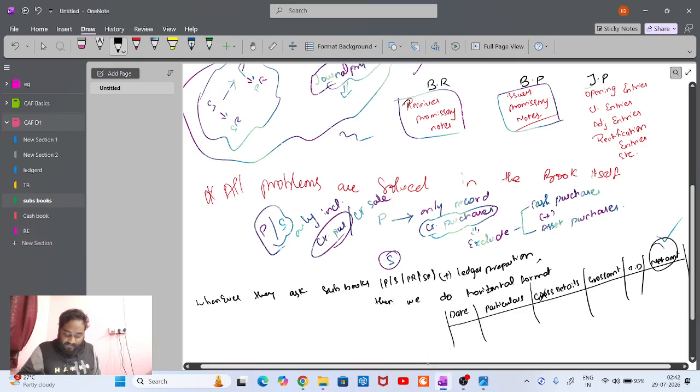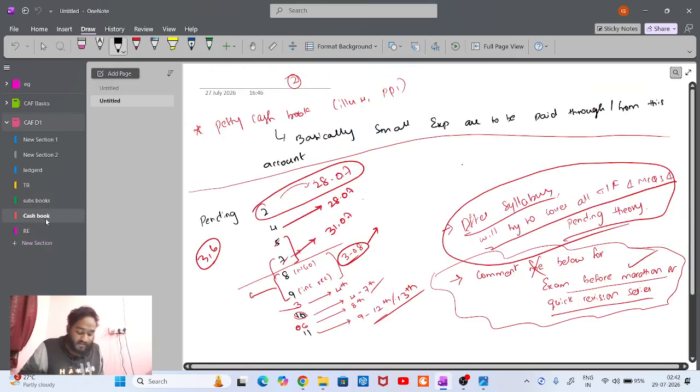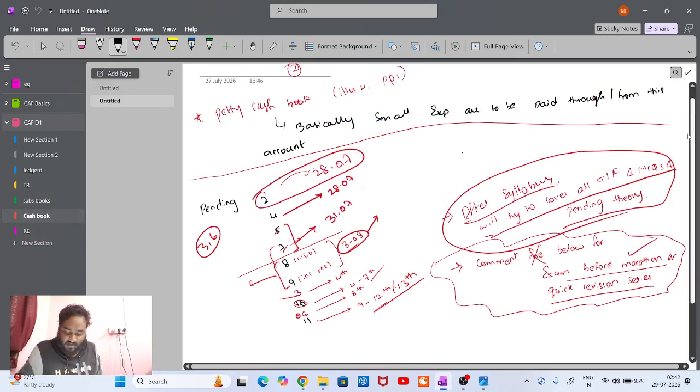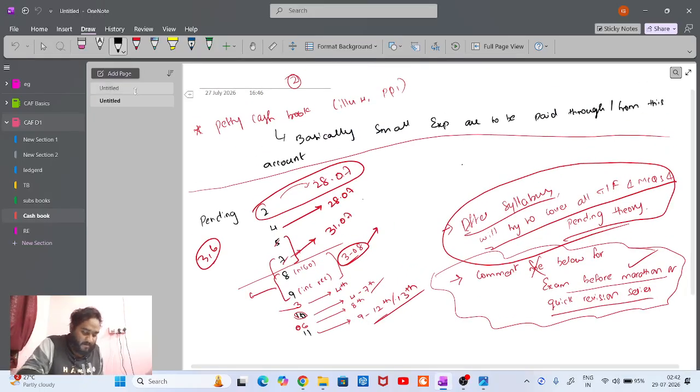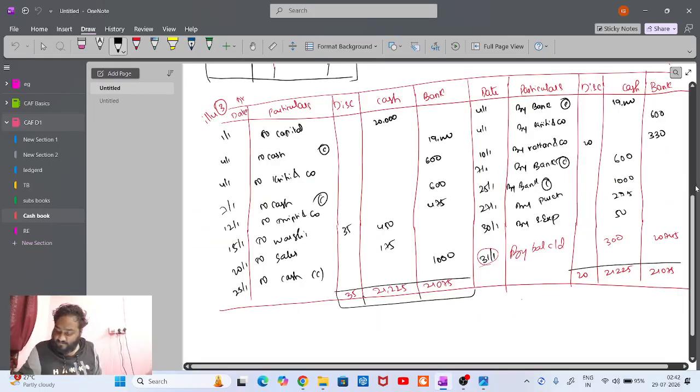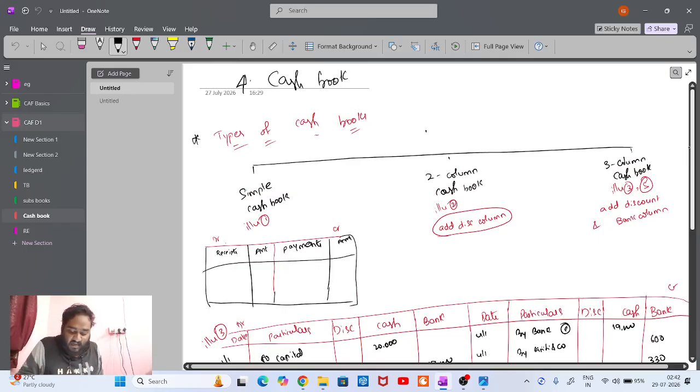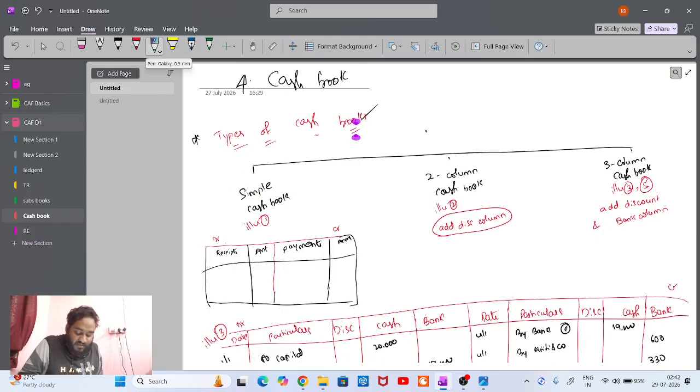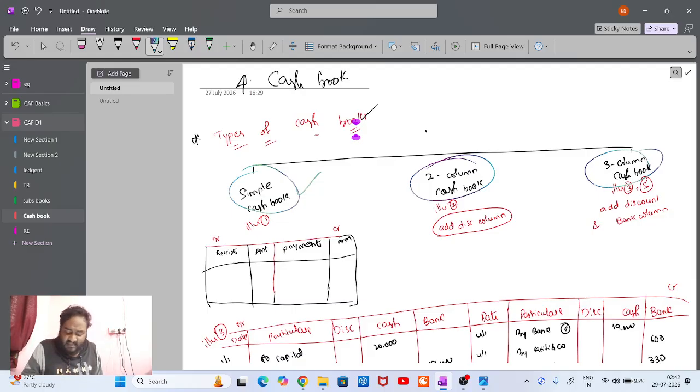There are three types of cash books: simple cash book, two-column cash book, and three-column cash book. In the simple cash book, the format is again the same: receipts, amount, payments, amount.